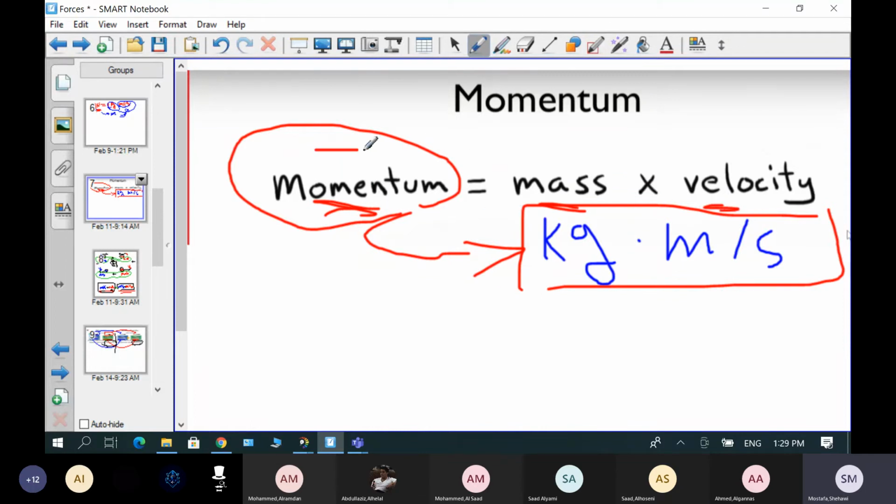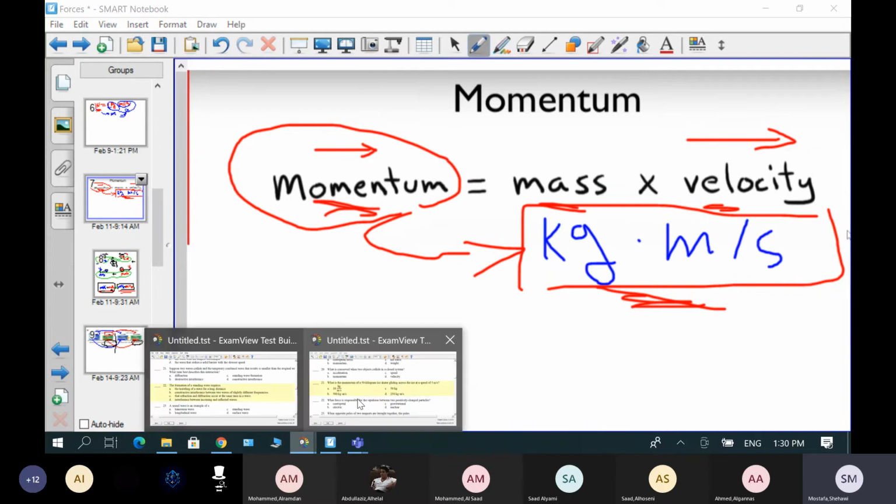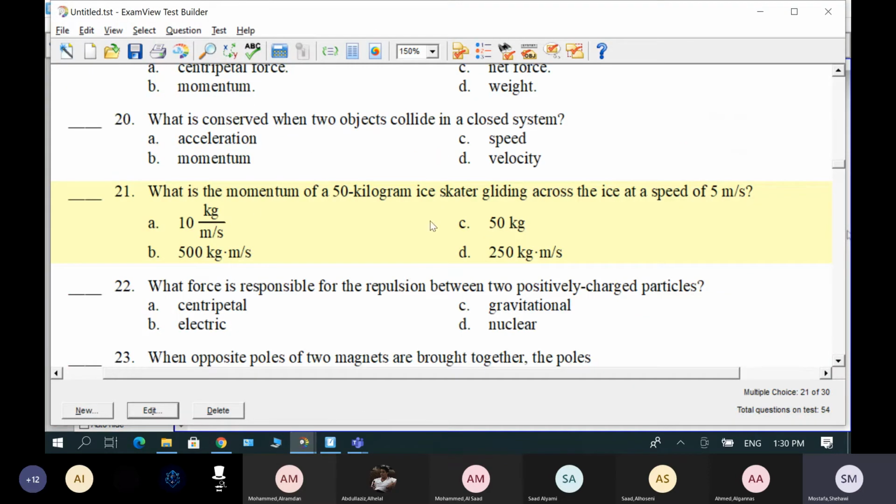It has the same direction as the velocity. Its unit is kilogram times meter per second. No shorthand for it. So if I want to calculate momentum for one object, I only have to multiply mass by velocity. So what is the answer here? Question 21.